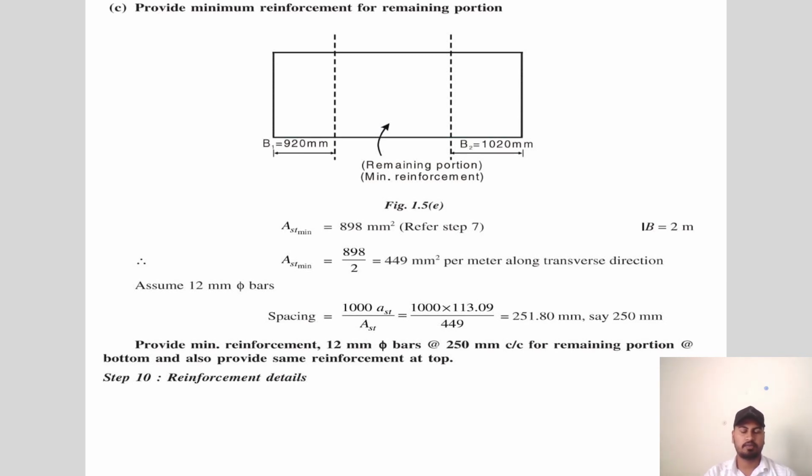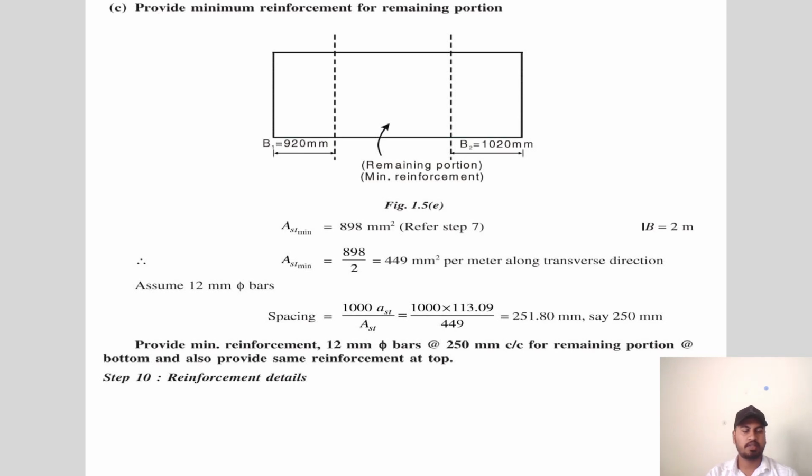Like we calculated for the portion till column A and the portion till column B, now in the middle remaining portion, we will be providing the minimum reinforcement with the spacing.